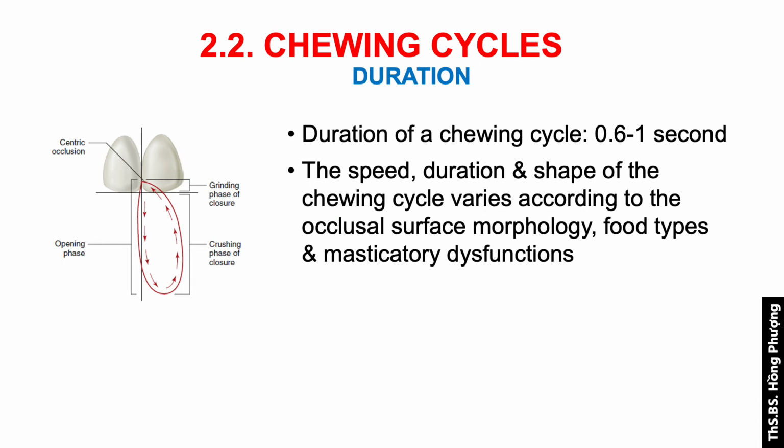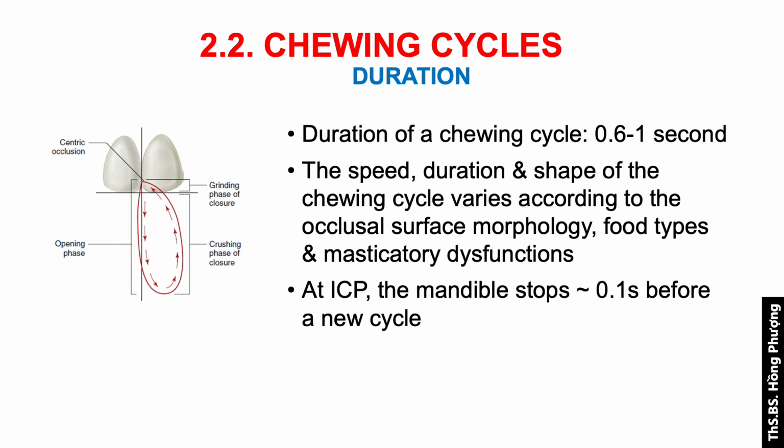The speed, duration, and shape of the chewing cycle vary according to the occlusal surface morphology, the food types, and masticatory dysfunctions. At the intercuspal position, the mandible stops about 0.1 second before a new cycle, and the duration of tooth contact often takes about 0.2 seconds.